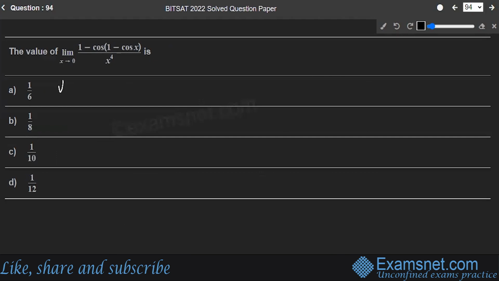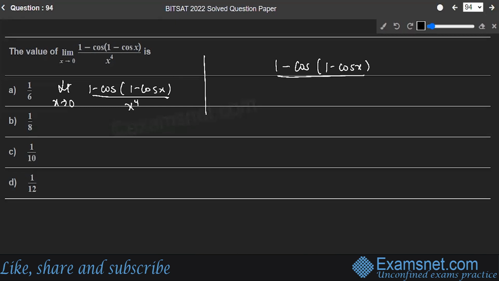The value of limit x approaching 0, 1 minus cos of 1 minus cos x upon x power 4 is. To solve this, I'll first of all solve 1 minus cos of 1 minus cos x only. This is equal to 1 minus cos of 1 minus cos x can be written as, I'll do one thing.